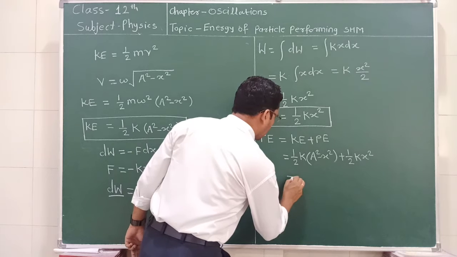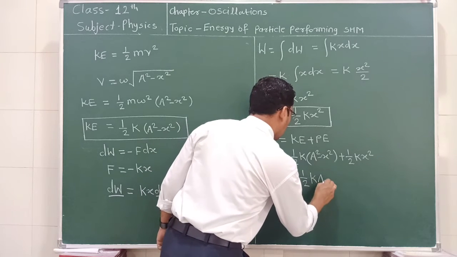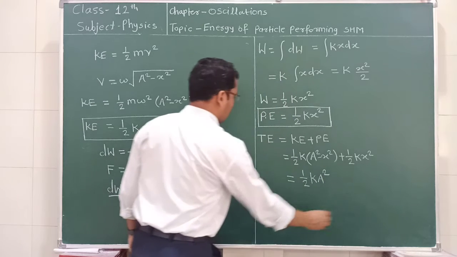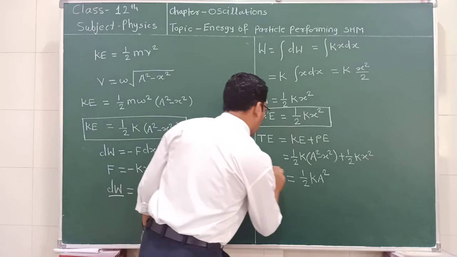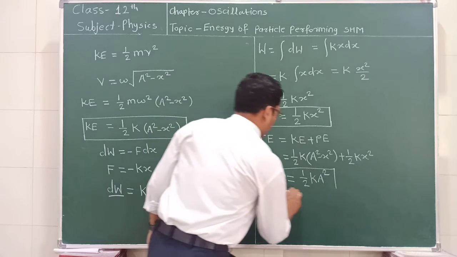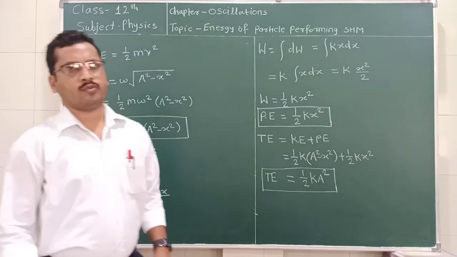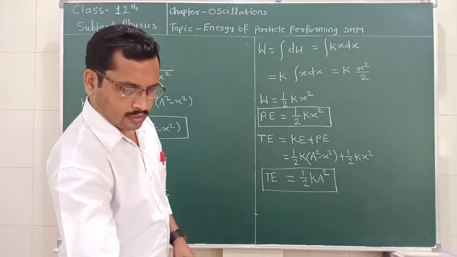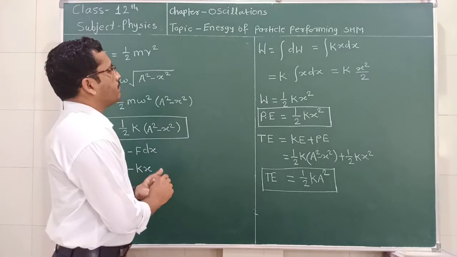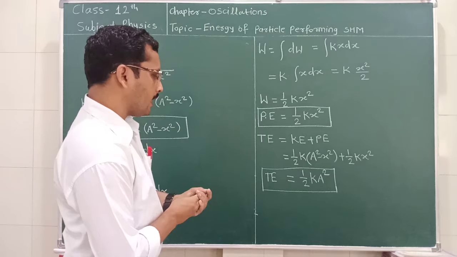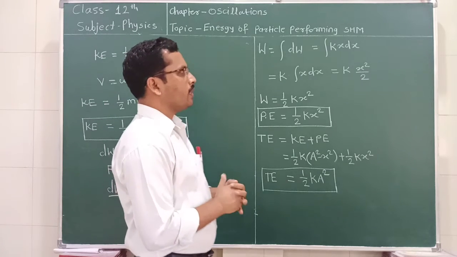If we simplify this equation, we get 1 by 2 k a square. This is the total energy of a particle performing simple harmonic motion. So we have derived a simple relation for the total energy of a particle performing simple harmonic motion.